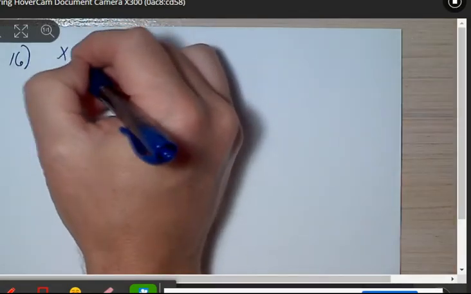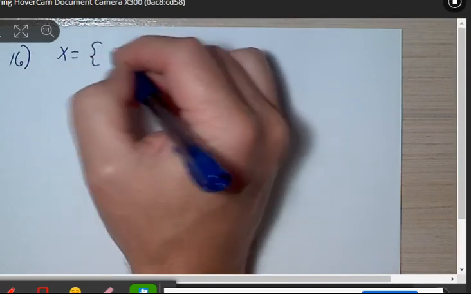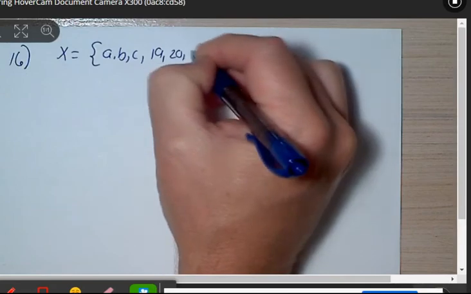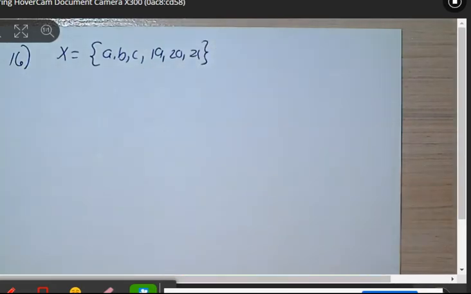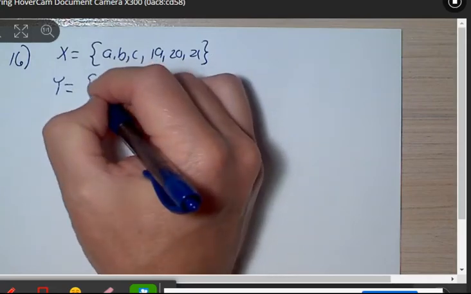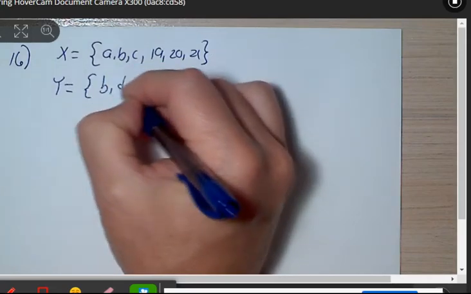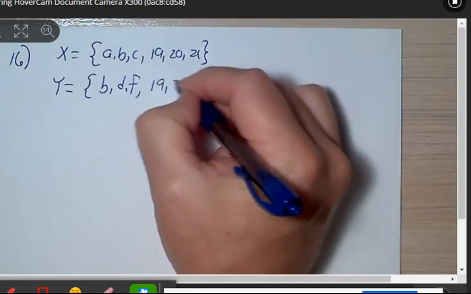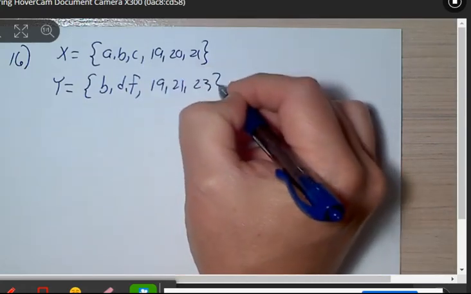All right, for 16, a little shorter on this one. This one you're given different sets of numbers. X is A, B, C, 19, 20, and 21. Y is B, D, F, 19, 21, 23.